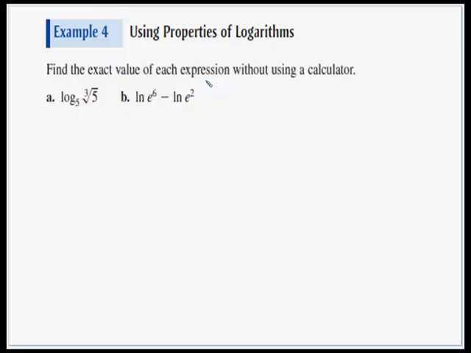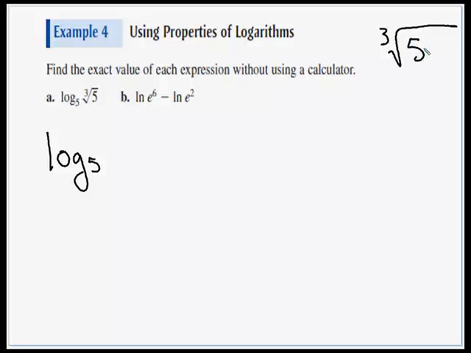Example 4. Find the exact value of each expression without using a calculator. The first one is log base 5 of the third root of 5. So let's rewrite that, the log base 5 and the third root of 5.